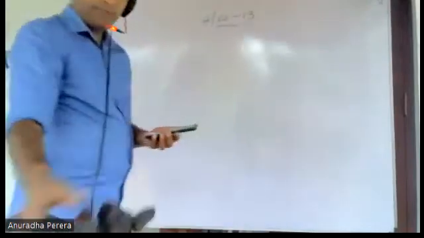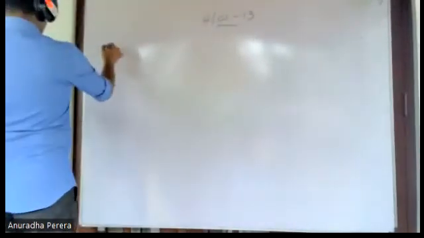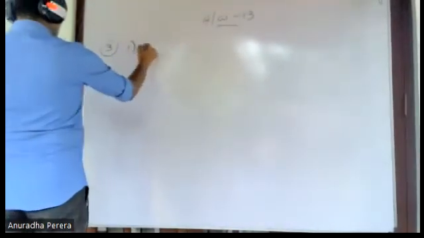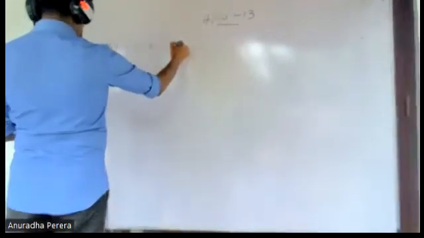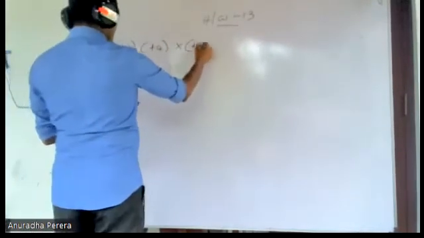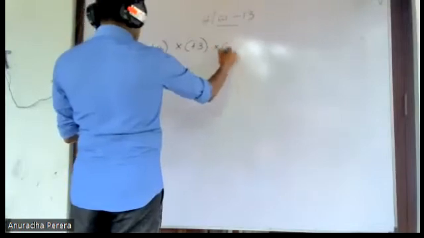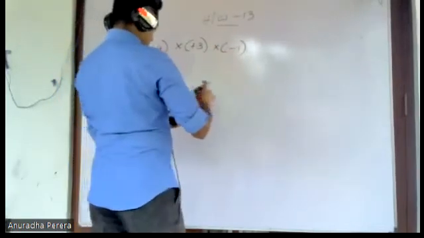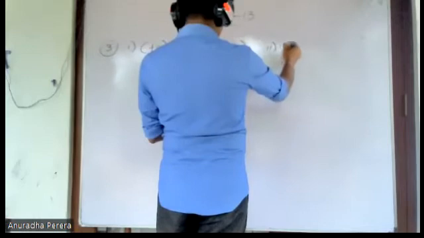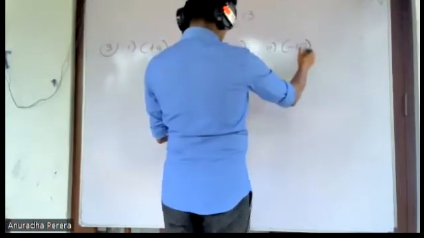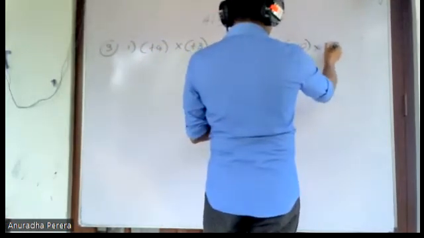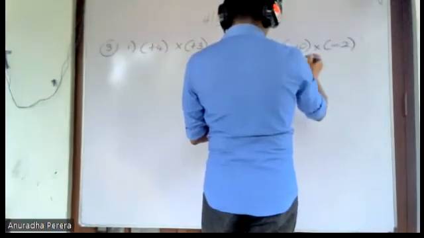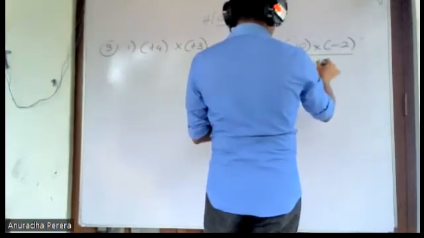Right, the third one: plus 4 into plus 3 minus 1. The second one: minus 10 into minus 2 over minus 5.